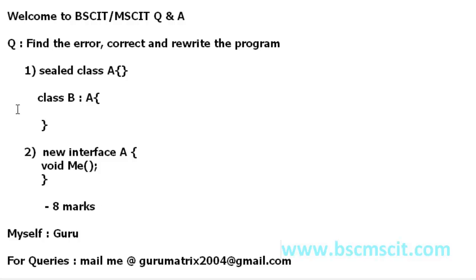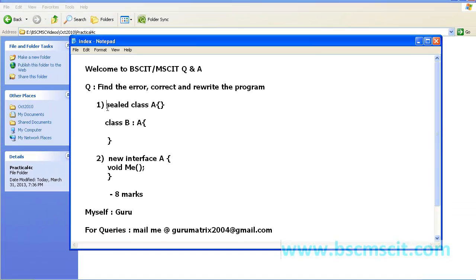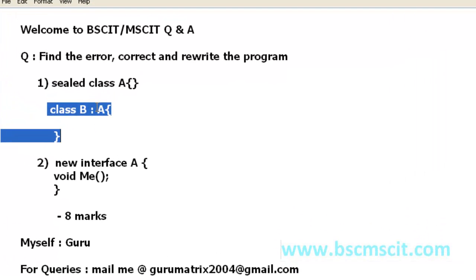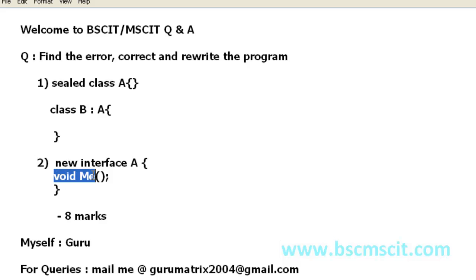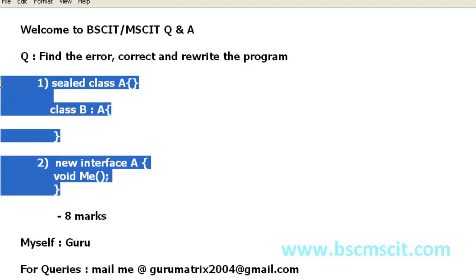The program number 1 is: sealed class A, and class B is implementing class A. And our second program is: new interface A with a method me. So these are the two programs which we have to check the error of, correct, and rewrite.